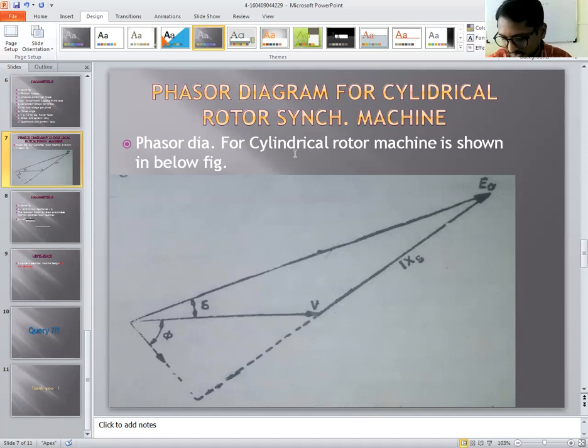Here the terminal voltage V is taken as a reference, and we are drawing the phasor diagram for three cases as given: generating operation at a lagging power factor, generating operation at a unity power factor, and generating operation at a leading power factor. This diagram shows the generating operation at a lagging power factor. Here to get the expression for E, first take the component of V in the direction of IA. Okay, this is a phasor diagram for that.